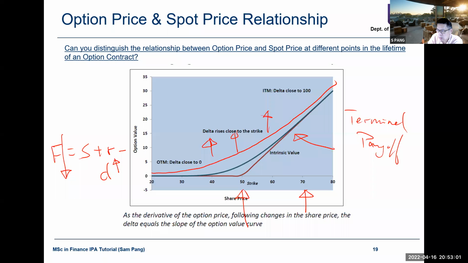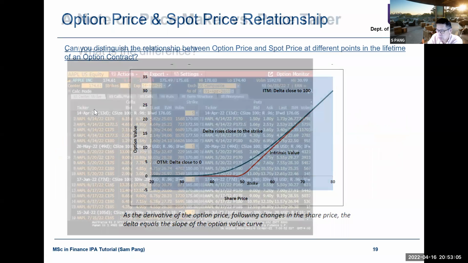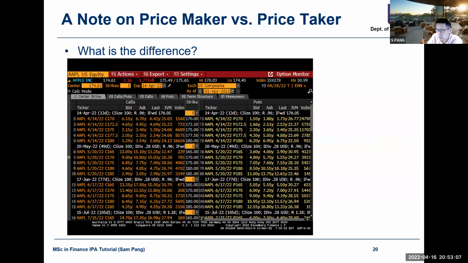I want to show you some statistics. I got this from Bloomberg not that long ago. If you have very good eyesight, you can see down at the bottom here, 1st of April 2022.